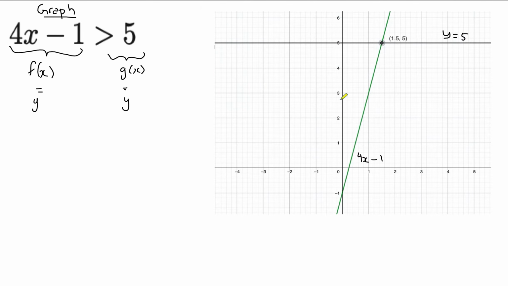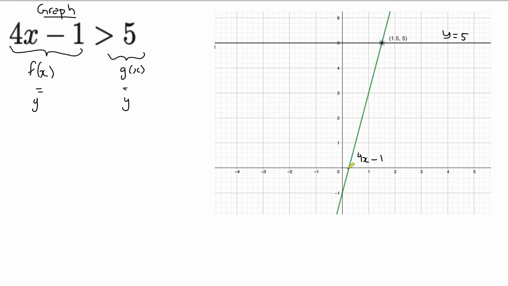It's going to make sense the more examples we do, so don't worry. So this line, at the moment, these are the y values of this line, which are currently below 5. So all these coordinates, 0.1, 0.2, 0.3, and 1, they have a y coordinate of 3, 2, 1, and so on. They're all below 5.